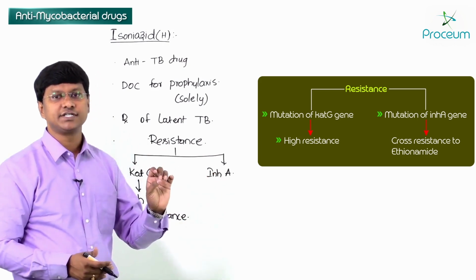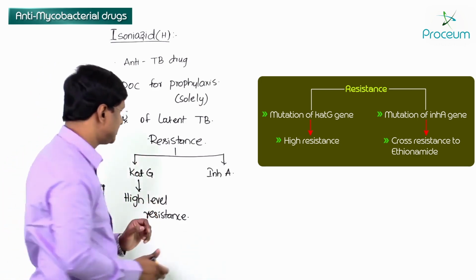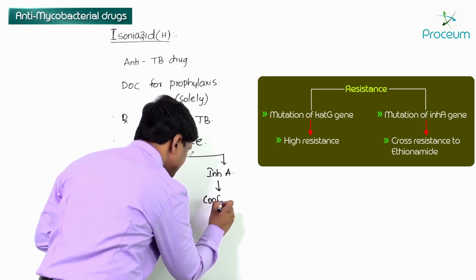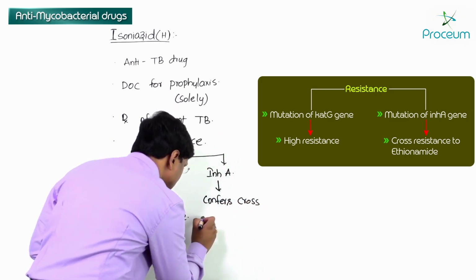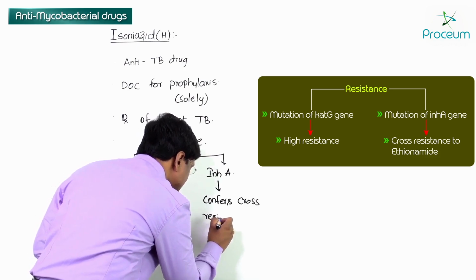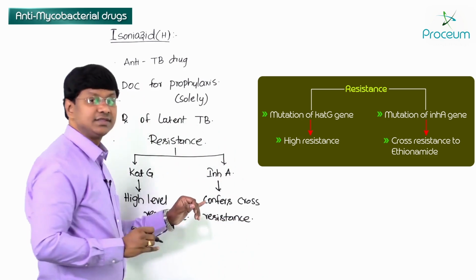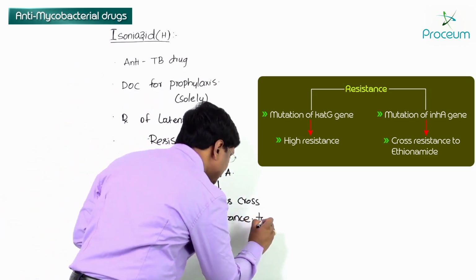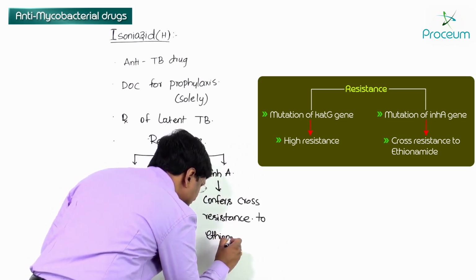Whereas the resistance which occurs due to mutation in INHA confers cross resistance to ethionamide. I'll tell you what you mean by cross resistance. This confers cross resistance to one of the second line anti-tubercular drugs, called ethionamide.